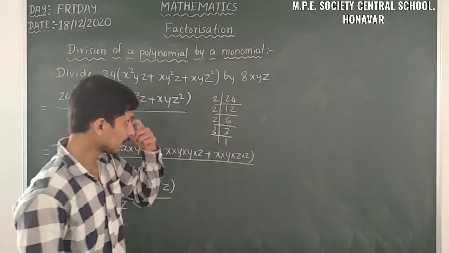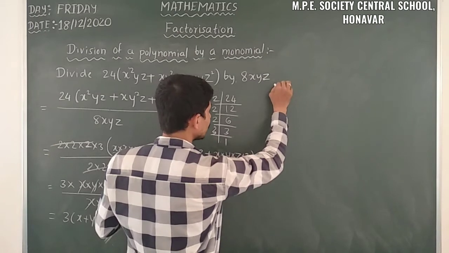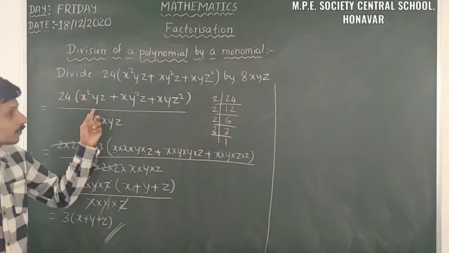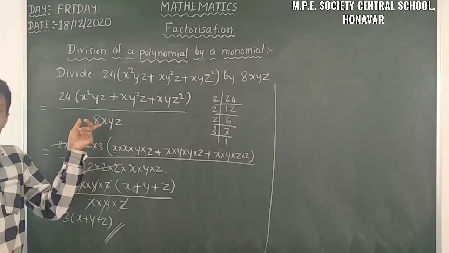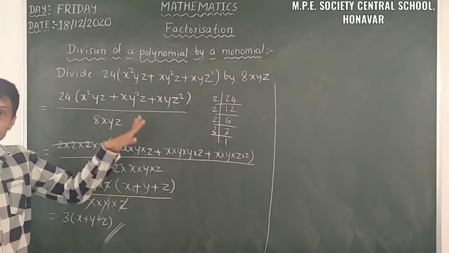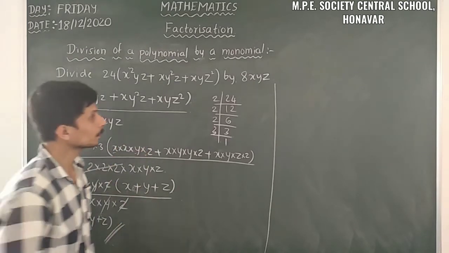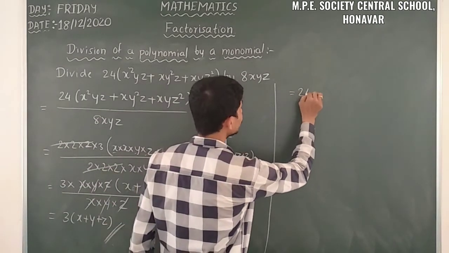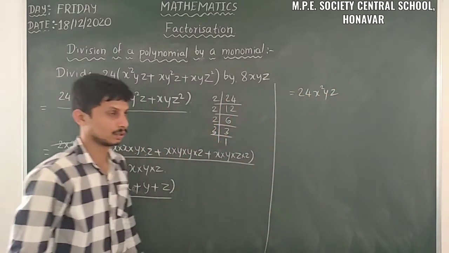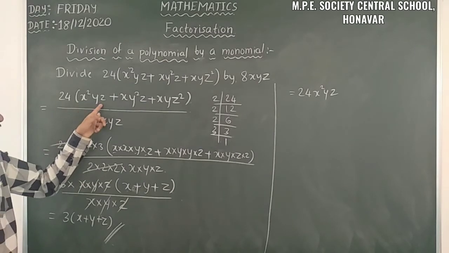So let us take another method here. This can be solved by another method also. We take the same steps, and what we have to do is take 24 inside. Inside the bracket, what happens here? Here 24 x square yz is one term.